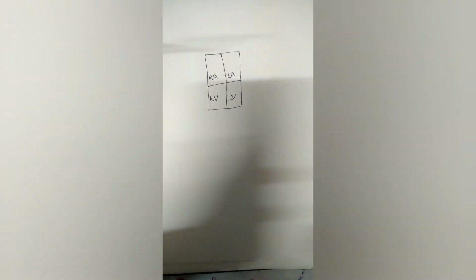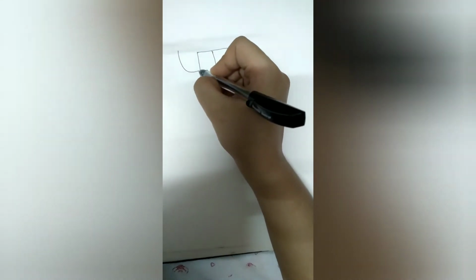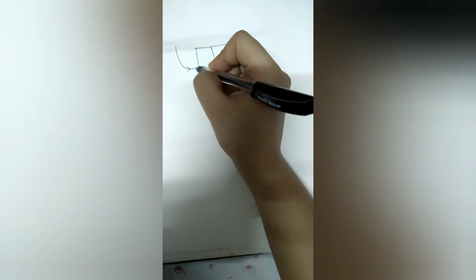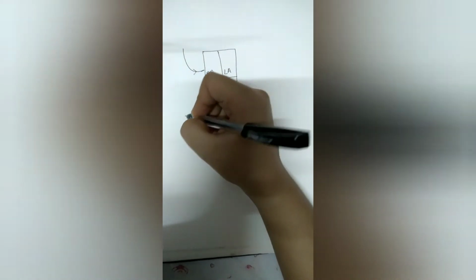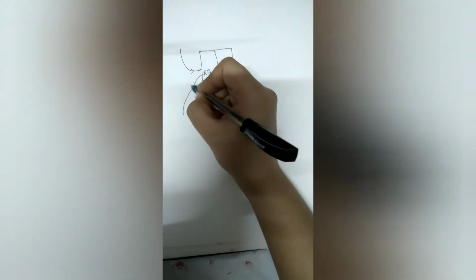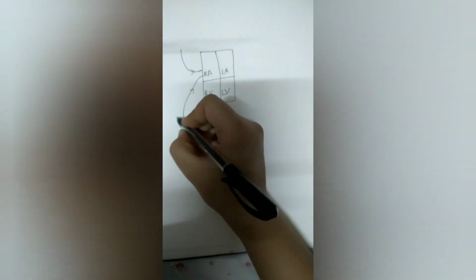So firstly we'll be learning the blood vessels entering the heart. So we have the anterior vena cava from the upper body entering the right auricle, and the posterior vena cava from the lower body.